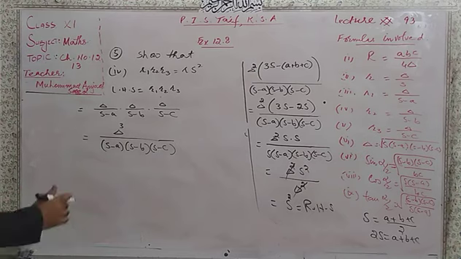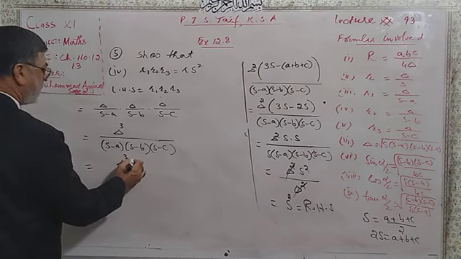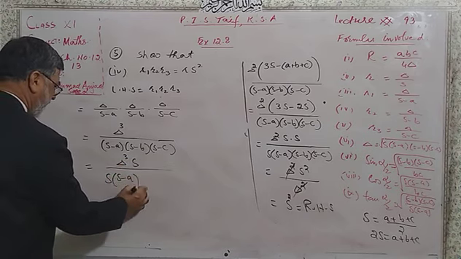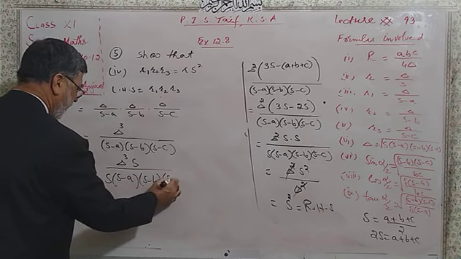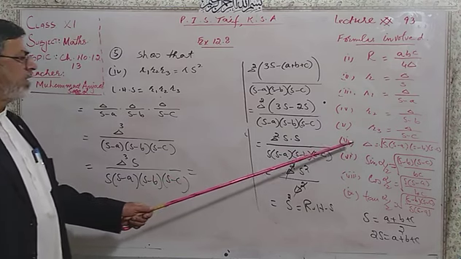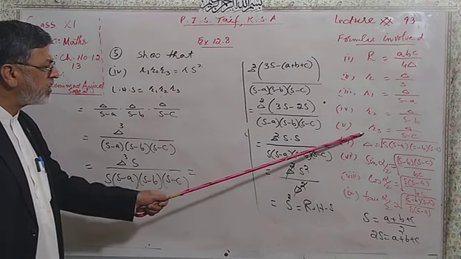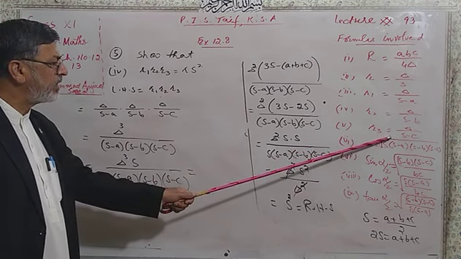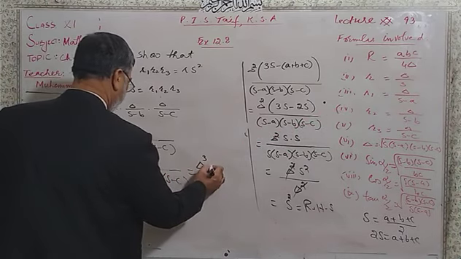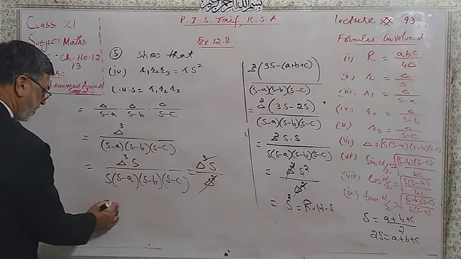So we can have delta cube S divided by S into S minus A, S minus B and S minus C. You know that the denominator was delta with radical sign. If you take square on both sides, the right hand side will be out of the radical and this becomes delta square. So delta cube S over delta square is cancelled out.